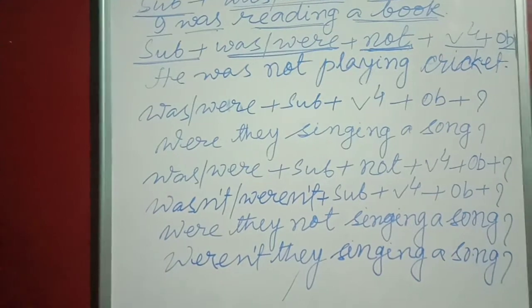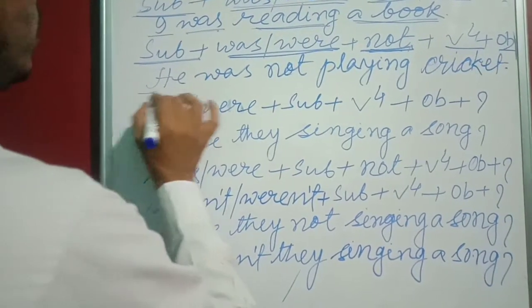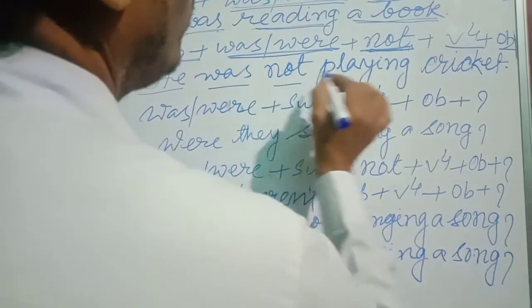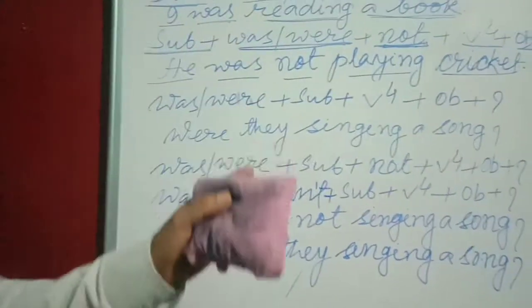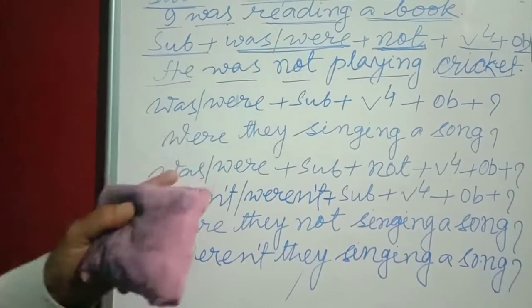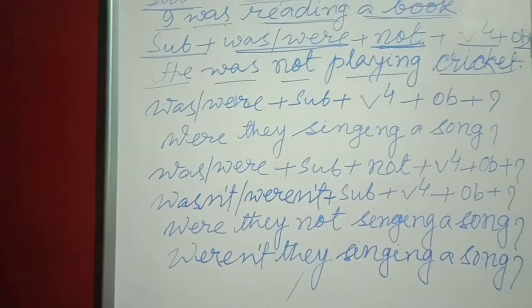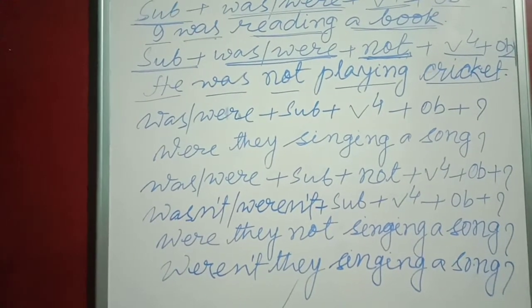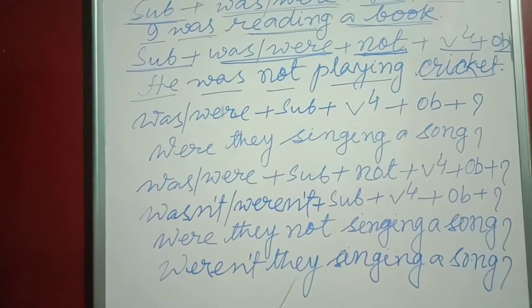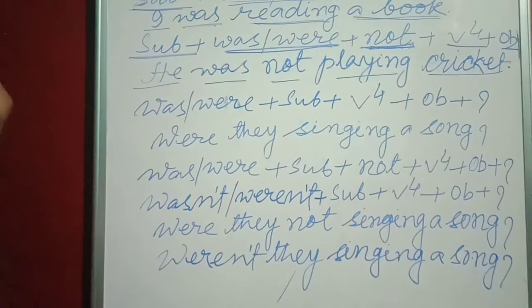And that's why we can make the sentence, he was not playing cricket. This is the form, and in this way we can form new sentences. You yourself can make so many sentences.